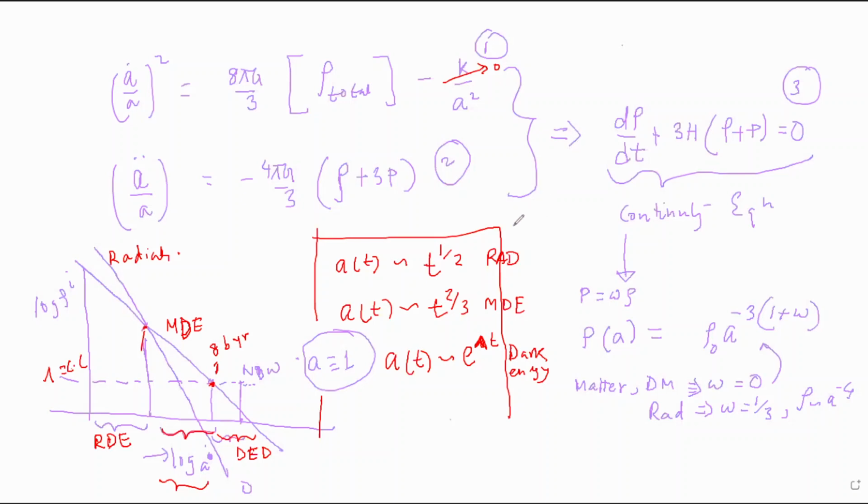Those we have not derived, but we have told you that once you know the metric, the left side can be calculated by Mathematica or any software. It's a curvature calculation. That curvature calculation gives you this term, a dot by a squared, and the right side is rho and p. So three of you did the homework.